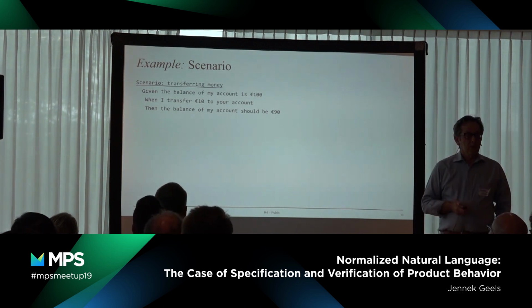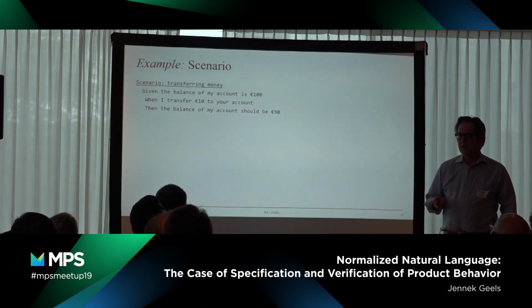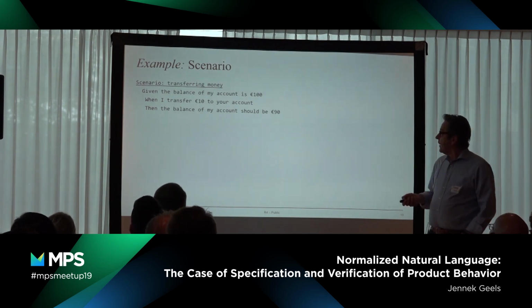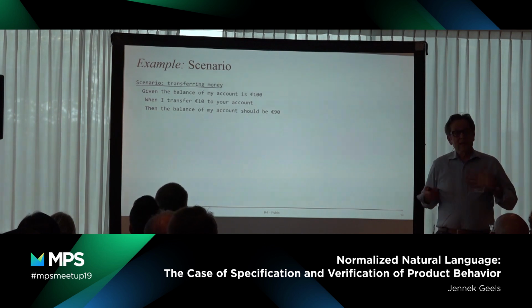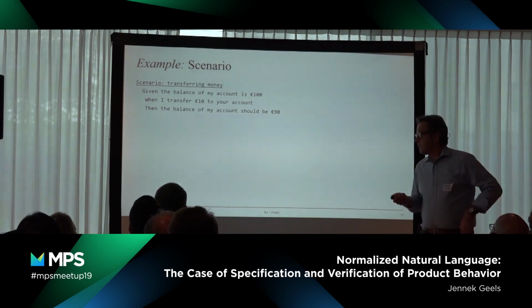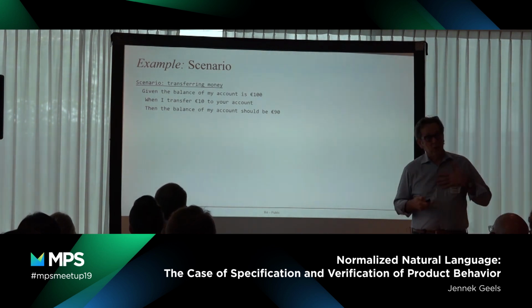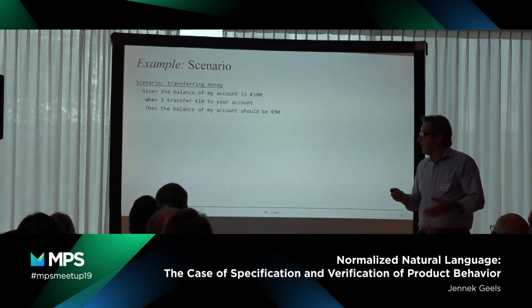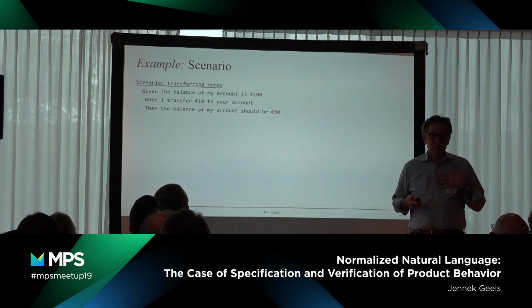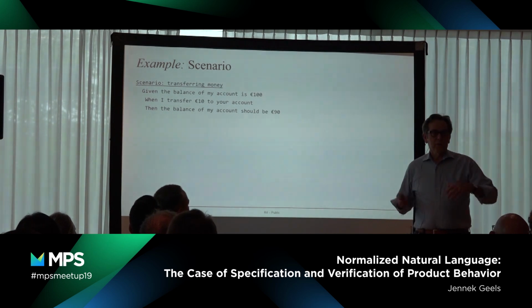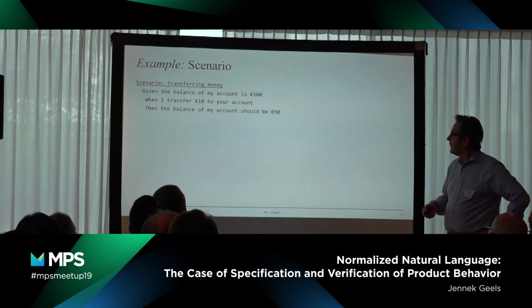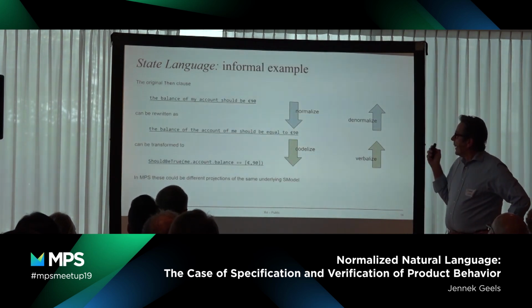This is from transferring money. And let's assume we have a conversation with 3 amigos about this thing. Given the balance of my account is 100 euros, when I transfer 10 euros to your account, then the balance of my account is 90 euros. I might have put in what happens to your account, but that doesn't add to the example.